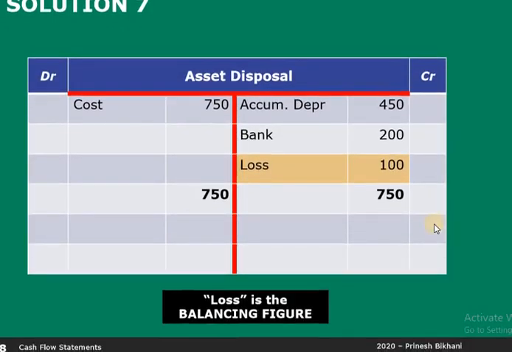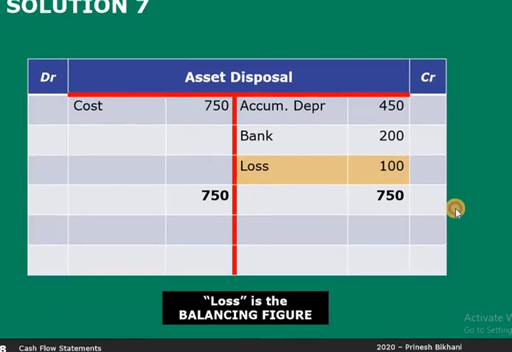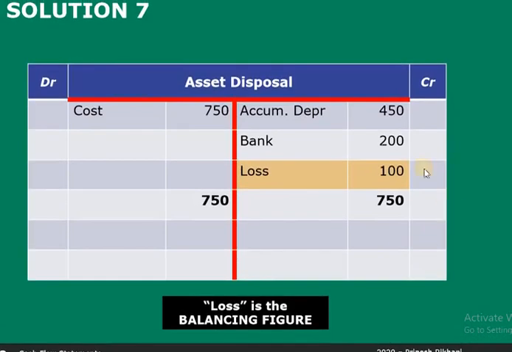Or you can see that also in your assets disposal account. There it is, cost on the debit side, accumulated depreciation on the credit side. The 200,000 you receive from this transaction, you balance the account and it turns out that there's a loss of 100,000.